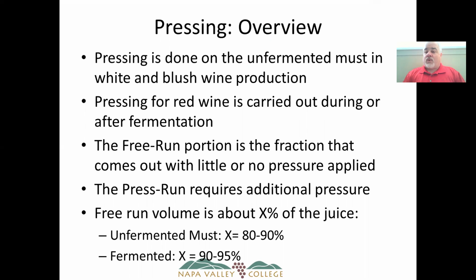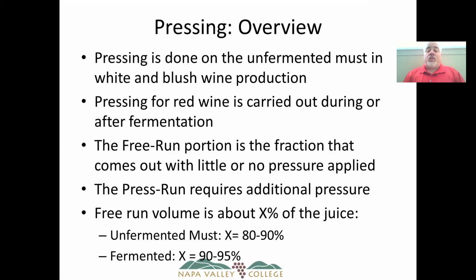You could do it after 3 days to get a lot of color, but not all of it, and very low tannins, 5 days to have a lot of color, still low tannins, or even later than that, or go the entire fermentation process. The free run portion is the fraction that comes out with little or no pressure applied.